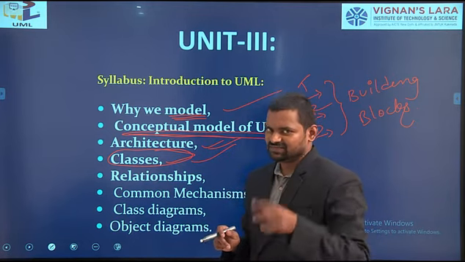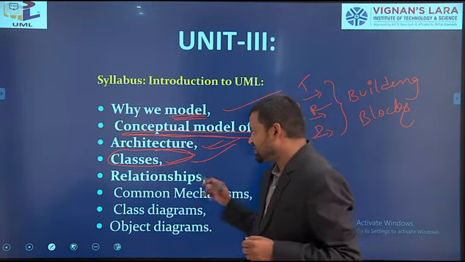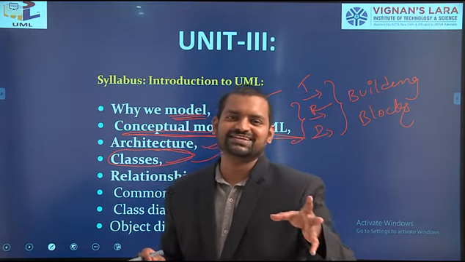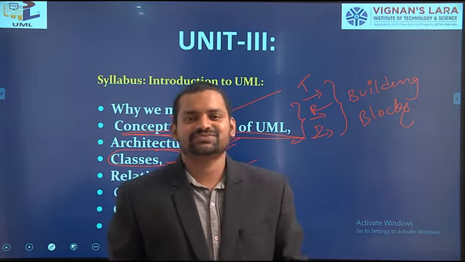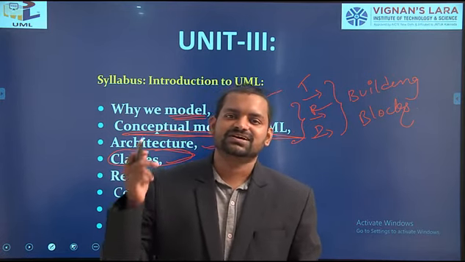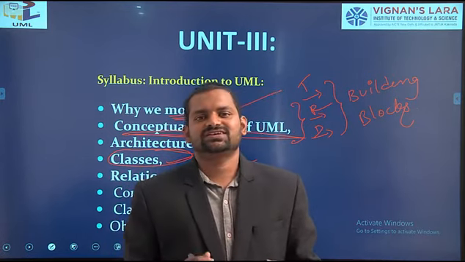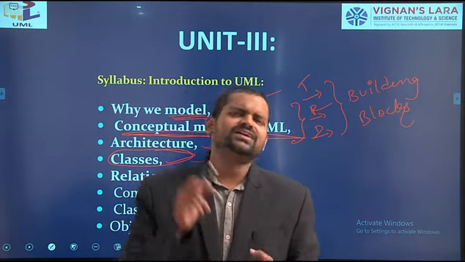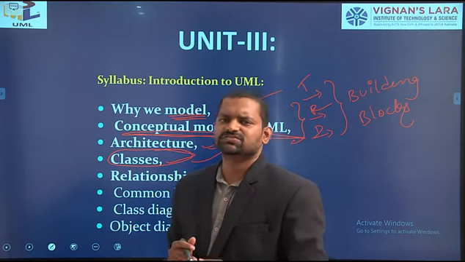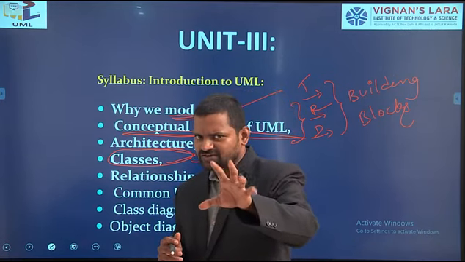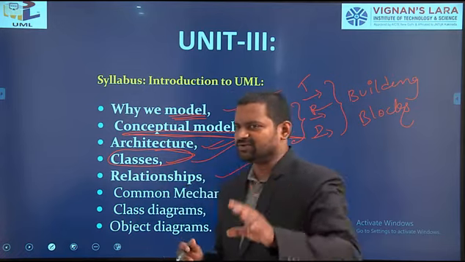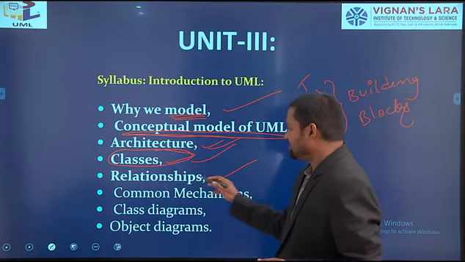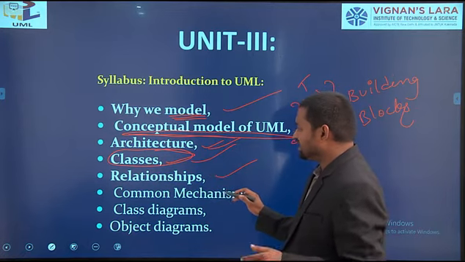Classes I explained in the early stages, and you all know about the relationships. Many times I explained relationships: dependency, association, aggregation, realization. I made videos on all relationships, and you saw them.